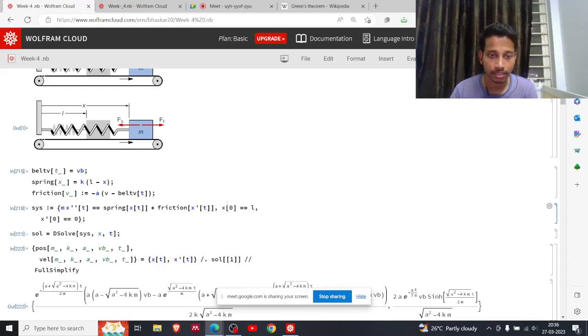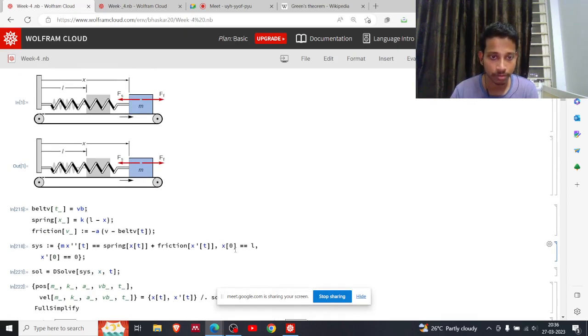Then there is the initial value of the displacement, or the position of the block, that is equal to L. Sorry, the initial position of the mass. So the displacement is up to this point.